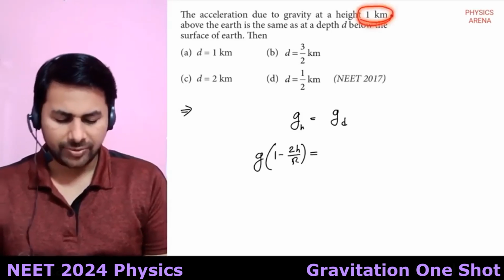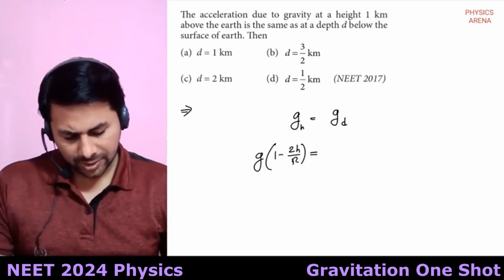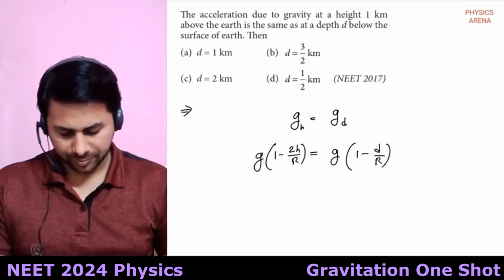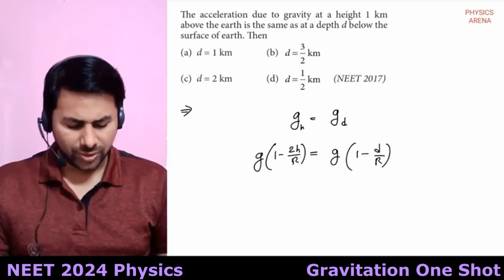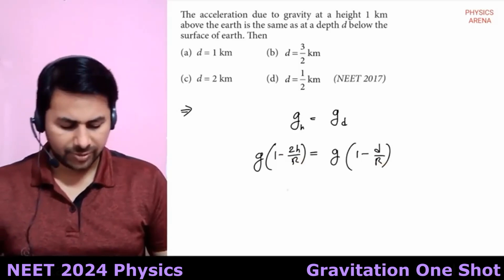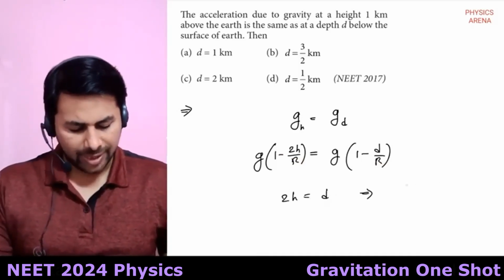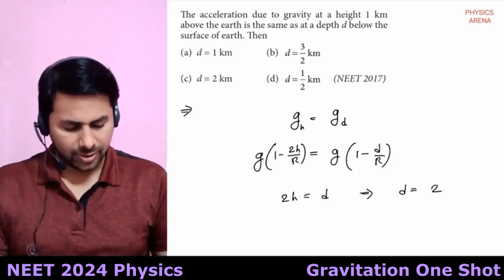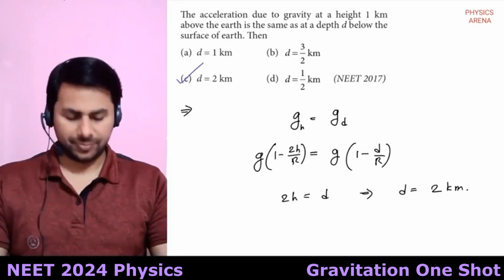Why? Because h is very, very small. gd is always g times 1 minus d by r. So g and g get cancelled, 1 and 1 get cancelled. 2h upon r is equal to d by r. r also gets cancelled. 2h is equal to d, and therefore d is 2 kilometers. It's option C, right?